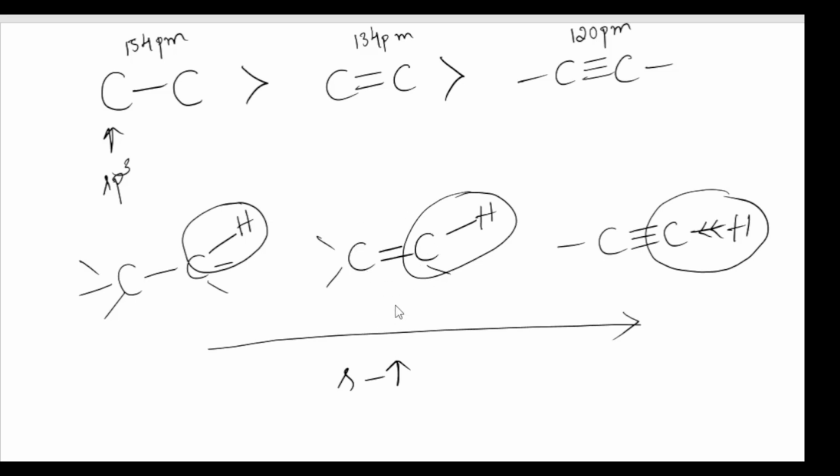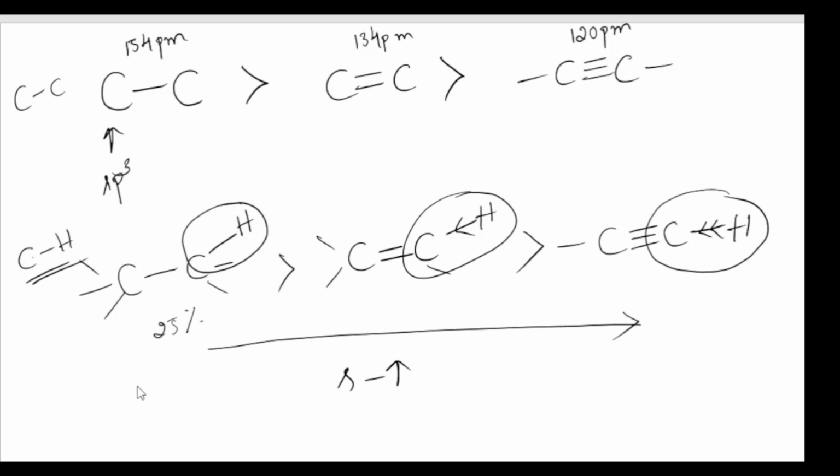Here the s character is a little less compared to sp. That's why the bond is a little pulled towards this one. And here no such case is there, only 25% s character is there. That's why again we can write it in the order like this. I'm talking about carbon carbon, and here I'm talking about carbon and hydrogen bond length.